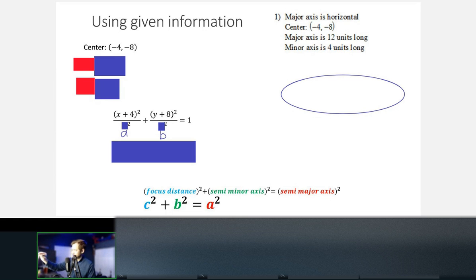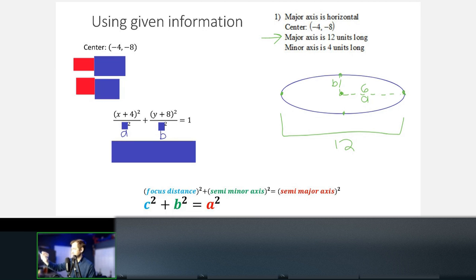So remember, from vertex to vertex, that is the length. So from here to here, that's a length of 12, right? So that means from the center to one of them is half of the length. And remember that, so that's your a value, right? So that is a. And then from here to one of these vertices, that's your b value.